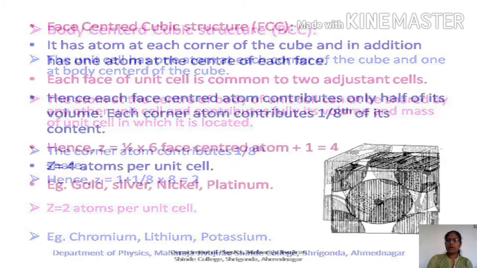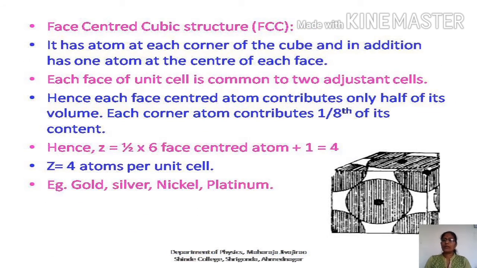Now we will see our third and last cubic structure, that is face-centered cubic structure. In case of face-centered cubic structure, there are 8 corner atoms and 6 extra atoms located at the center of each face.